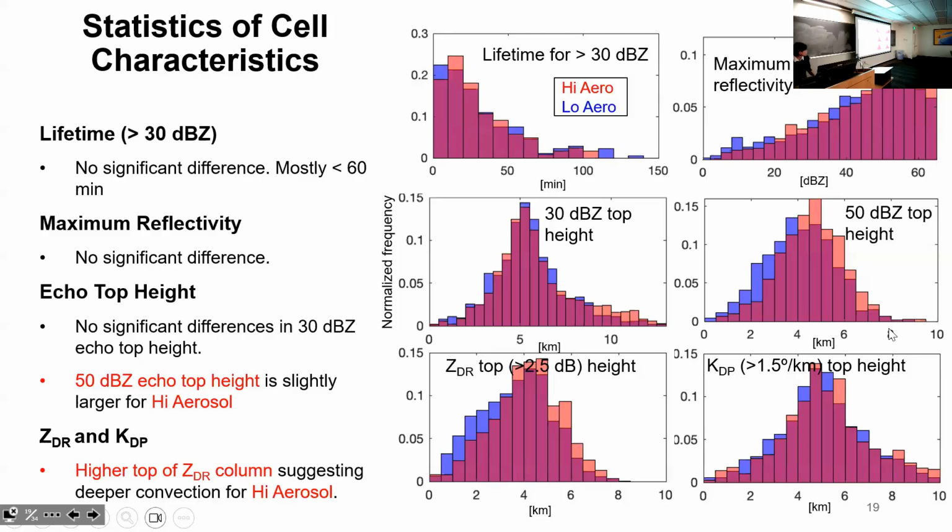These are ZDR top height and KDP top height. No significant difference in KDP, but there is some small difference in ZDR top. As you can see, higher ZDR columns suggest deeper convection for high aerosol environment.